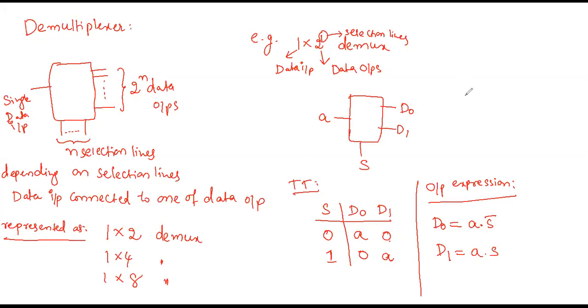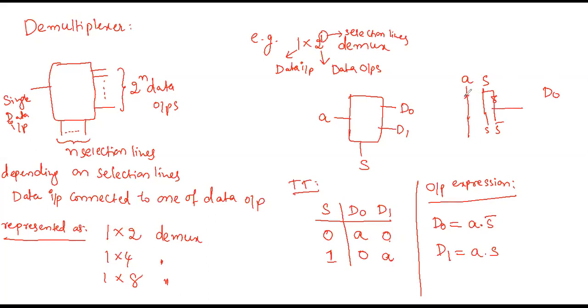So now draw the internal diagram. Inputs are A and S. This is A, this is S. I'm taking this one, this is S bar. Now D0 is equal to A into S bar.